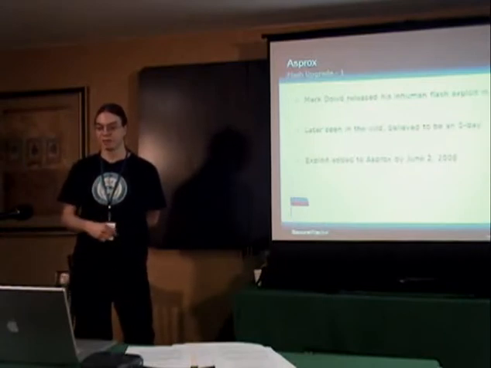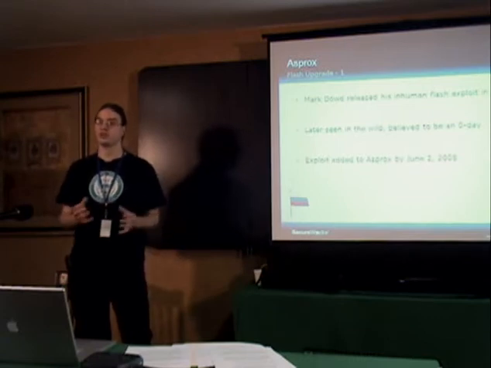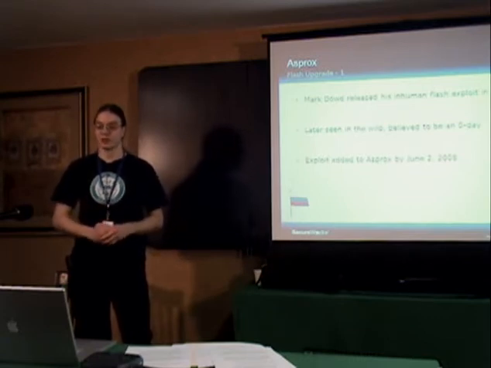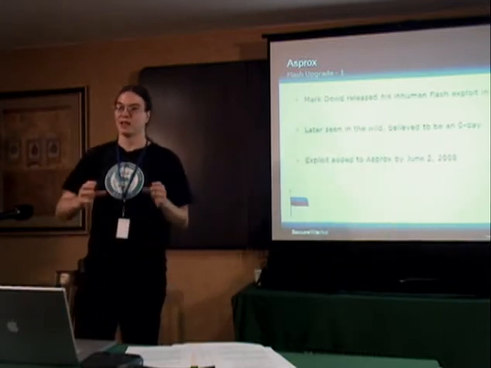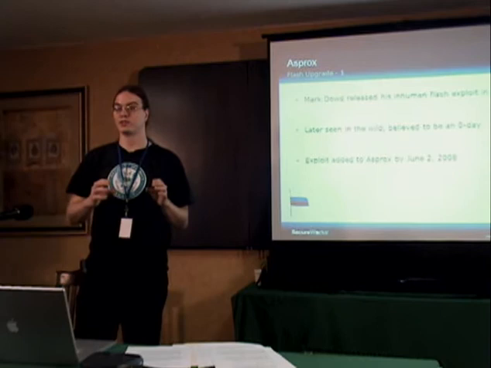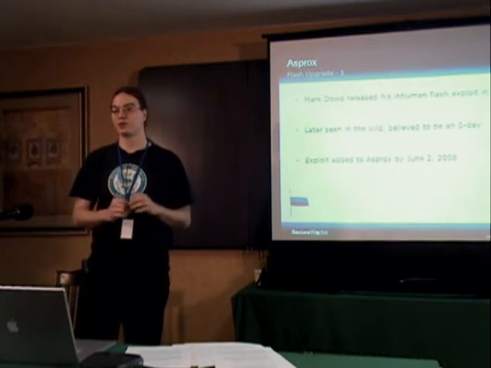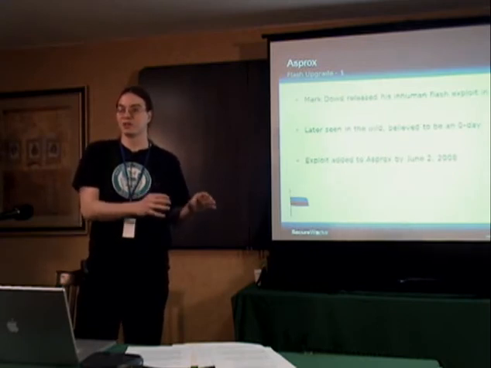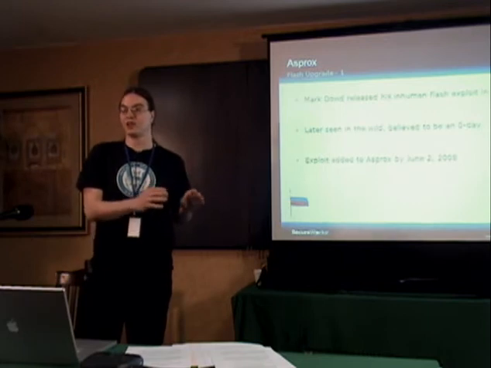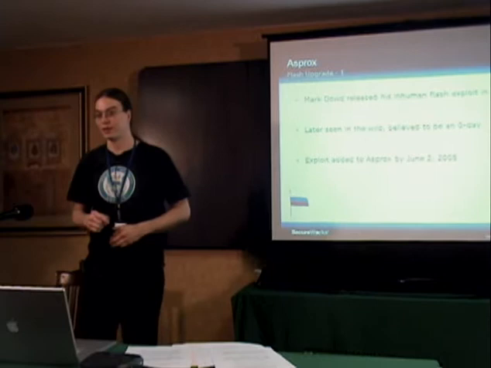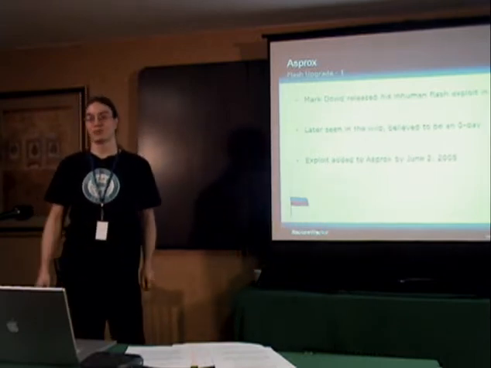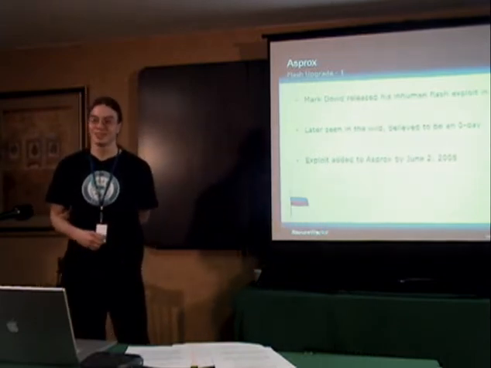And again in May, Mark Dowd, if you remember this inhuman Flash exploit, was doing all kinds of crazy stuff. I believe he had actual shell code that was at various times being interpreted as both ActionScript bytecode for Flash and also as the actual shell code for the exploit. I can't really follow that. I'm not that elite.